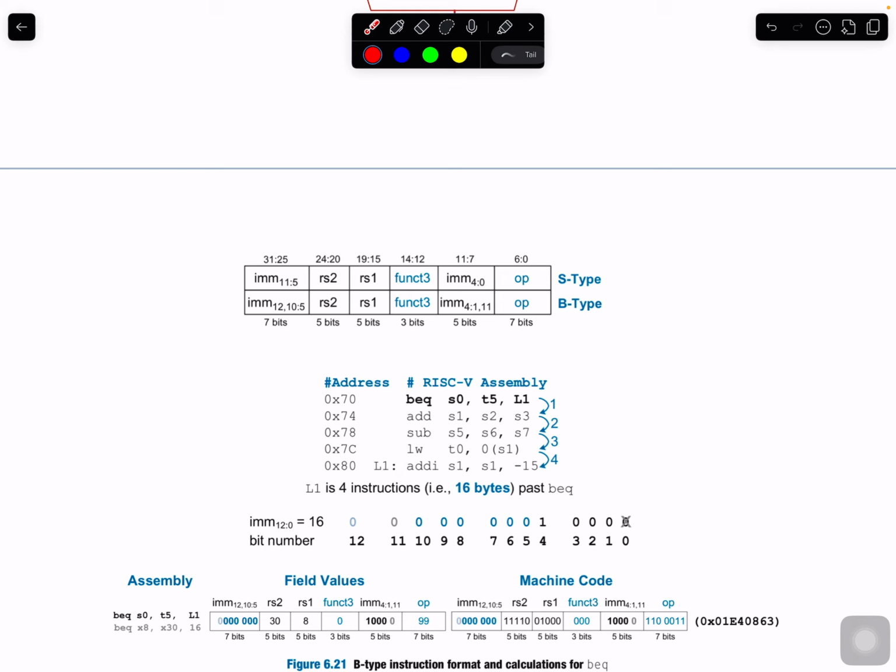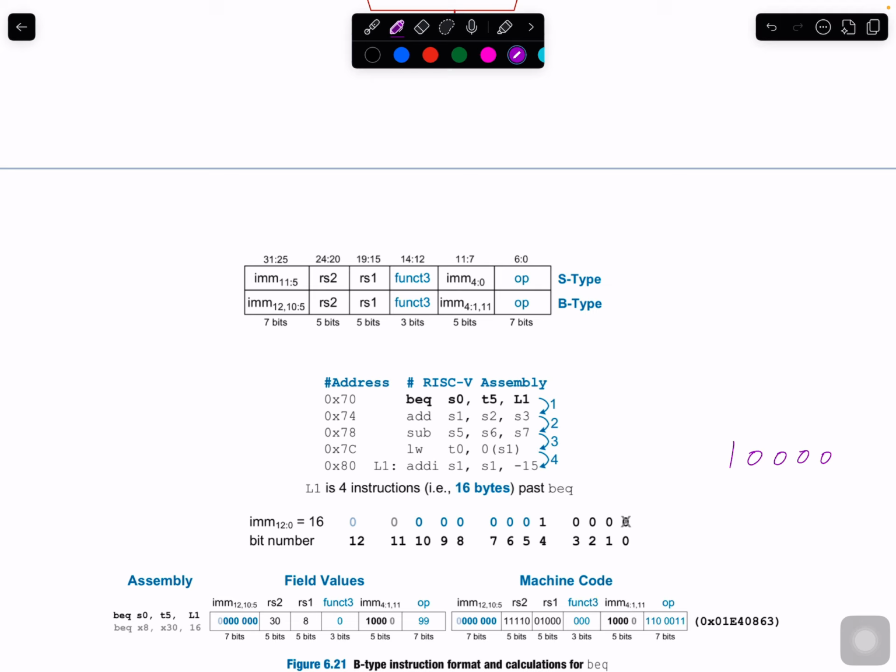So if you thought this was the absolute address, it's not. It's an offset relative to this instruction, and this number is 16. So in the immediate, we need to save 16. What is the binary equivalent of 16? You know that: 1, 2, 4, 8, 16.